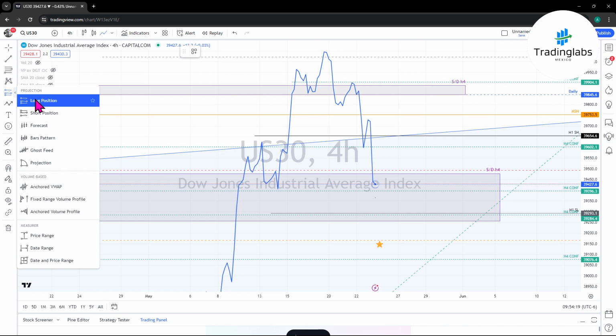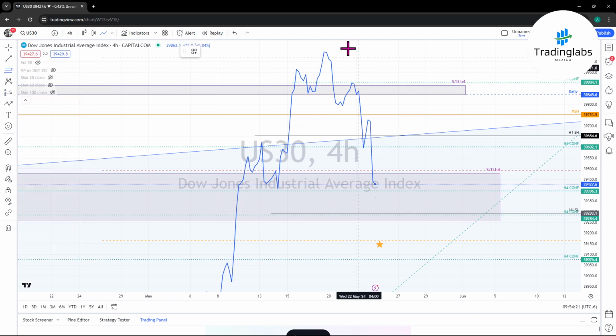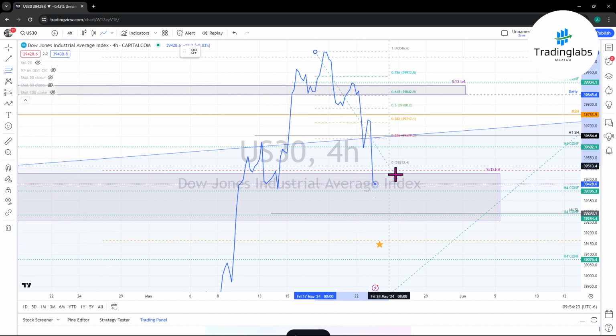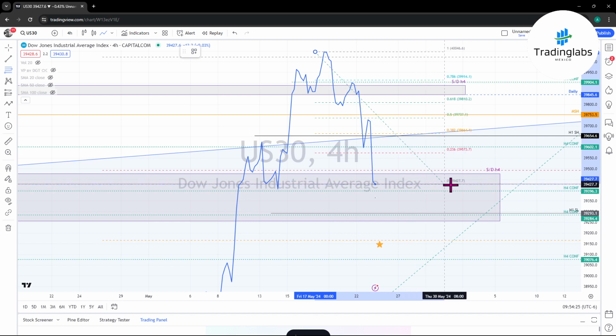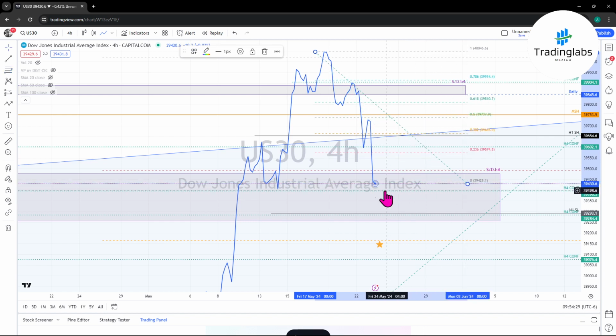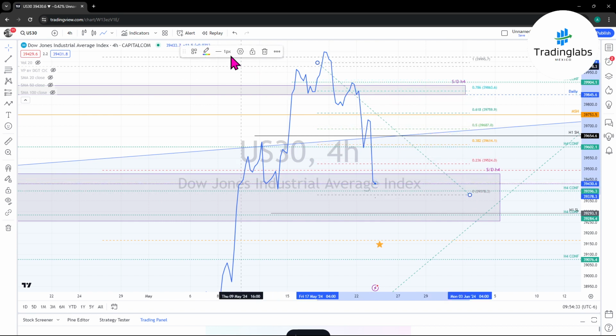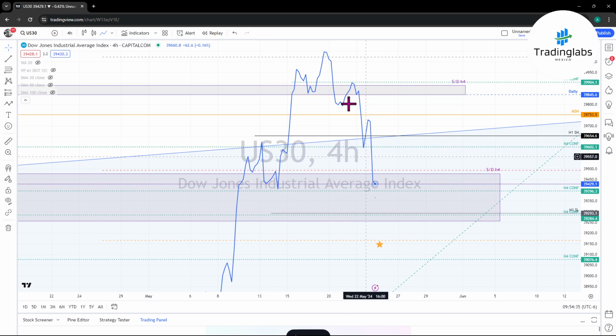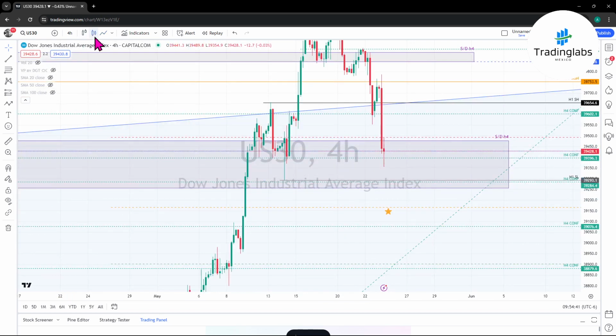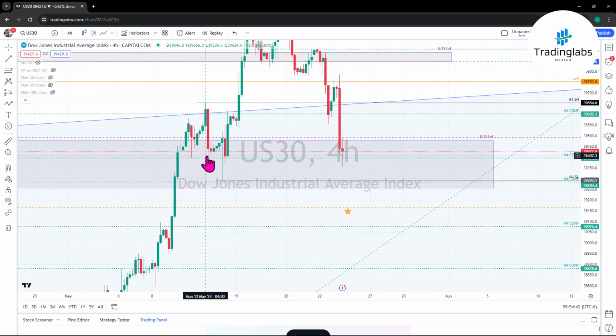Look at this, to this high, to this low. Maybe I will look if it breaks this one. I don't know, frankly speaking. Yeah, this retracement already reached the target. So what we need to do is to know if this support level is going to hold.